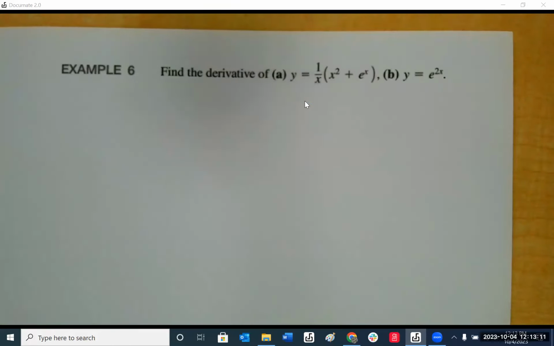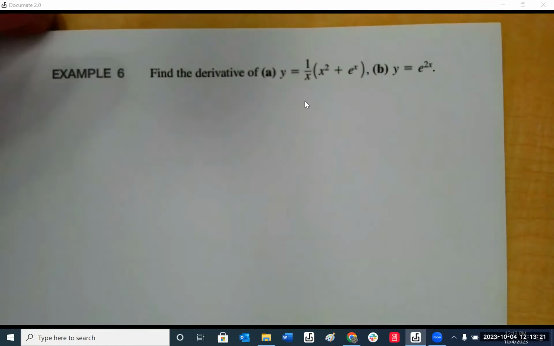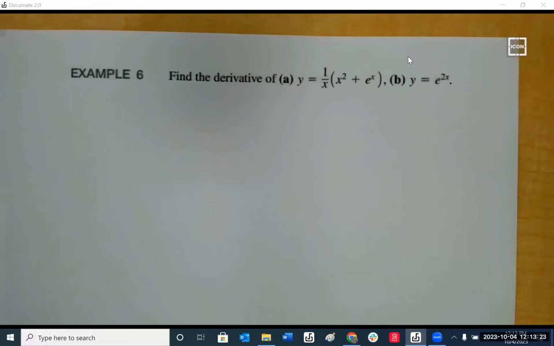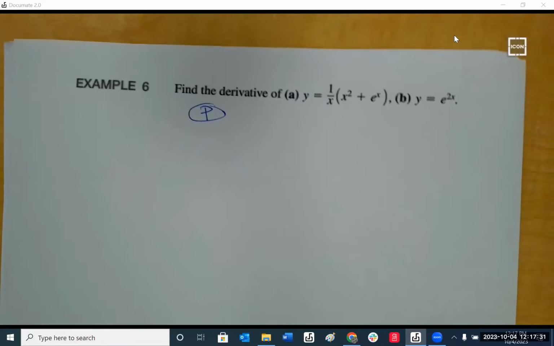Okay, so here we have the next three sheets. They grow a little bit more difficult. So go ahead and do these two. All right.